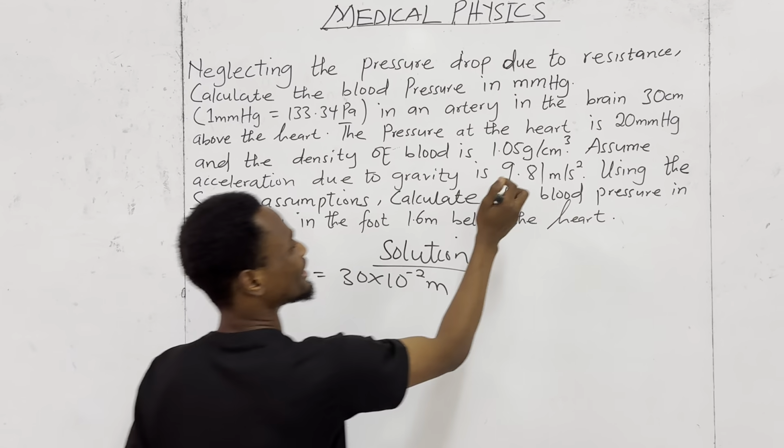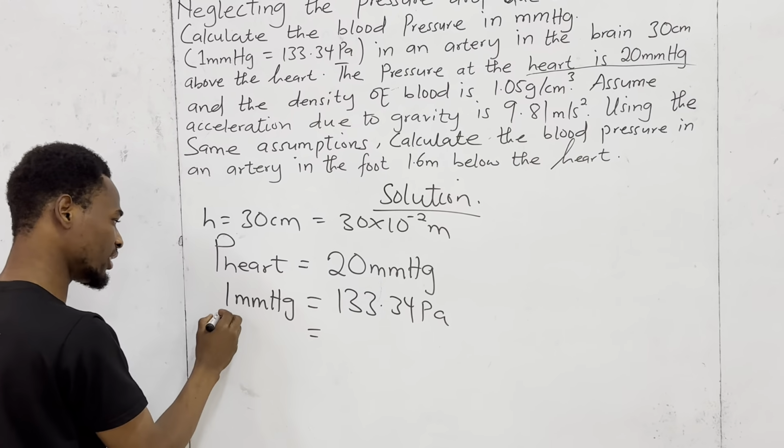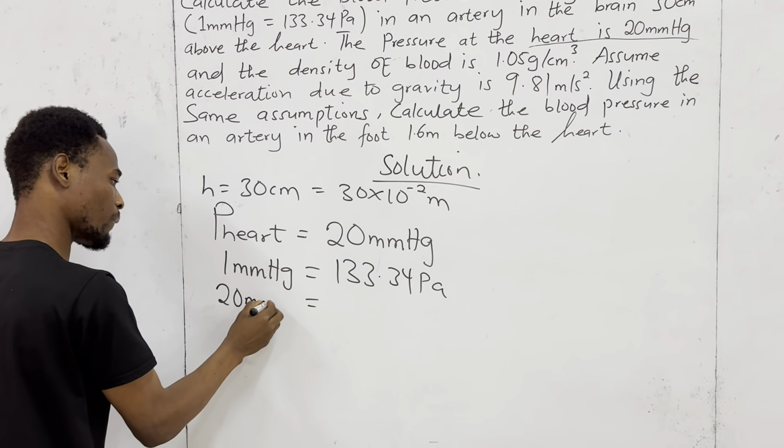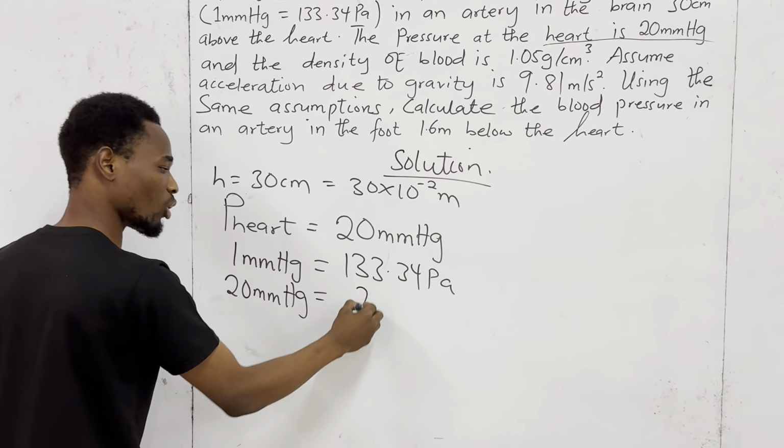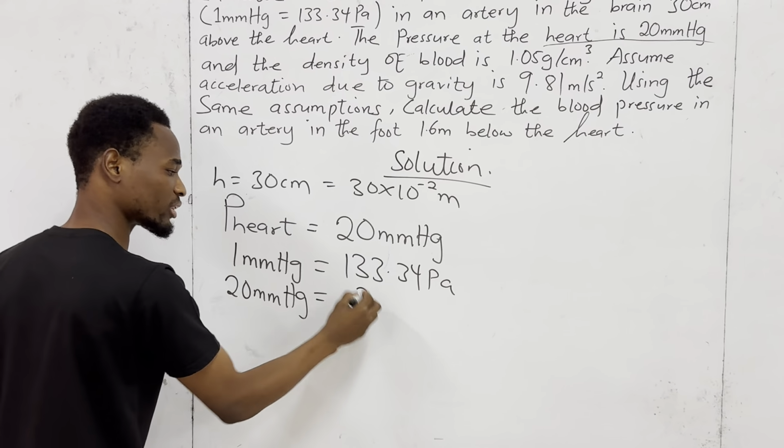So if 1 millimeter of mercury equals 133.34 Pascal, then the pressure of the heart, 20 millimeters of mercury, becomes 20 times 133.34 Pascal.